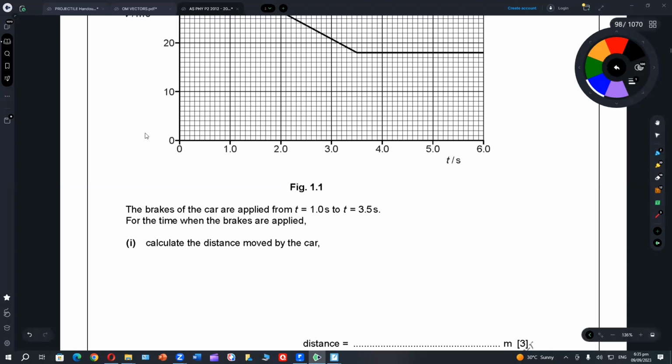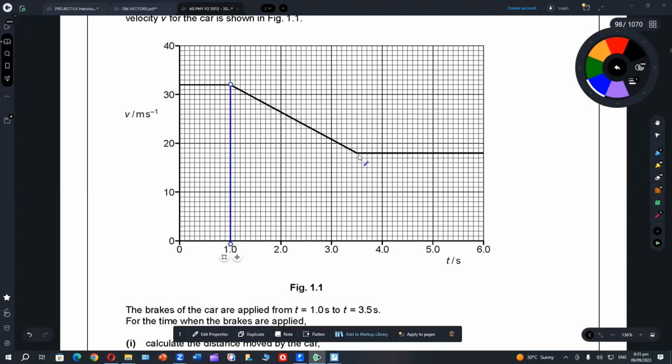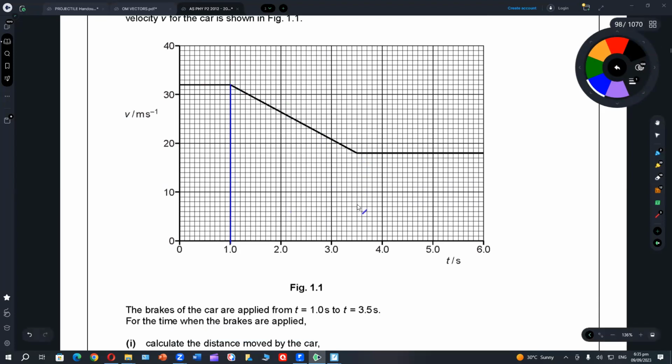Remember the rule that distance is the area under a velocity-time graph. Distance traveled is the area under the graph. So if I mark the position, this one, and then I mark the braking point where the speed is decreasing.